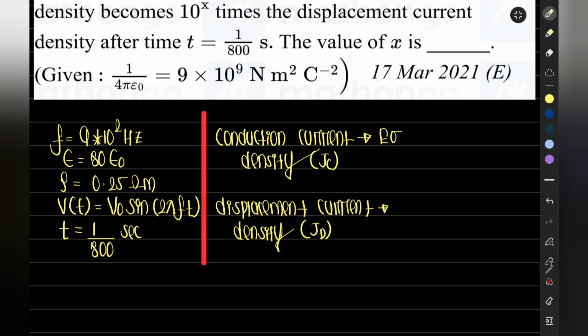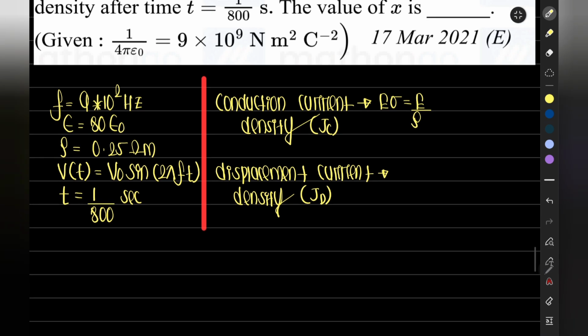Sigma stands for conductivity, but in the question they have given the resistivity, which is 1 upon the conductivity. So I am going to use E by rho. Second, the displacement current density formula is epsilon dE by dt. As I have already told you, this displacement current density is because of the change in the electric field.